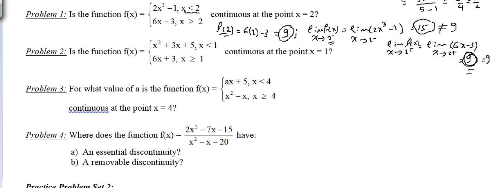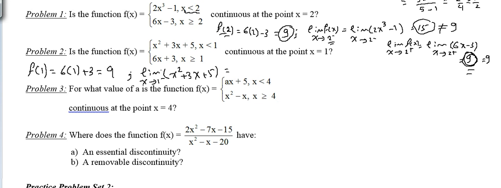Let's check also problem 2 before the time finishes. Is it continuous at x equals 1? First, f of 1 is equal to 6 times 1 plus 3, which is 9. The limit of f of x as x tends to 1 minus, we take the piece where x is less than 1, and substitute the value: 1 plus 3 times 1, 3 plus 5, the answer is 9.